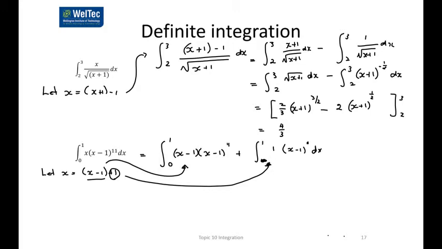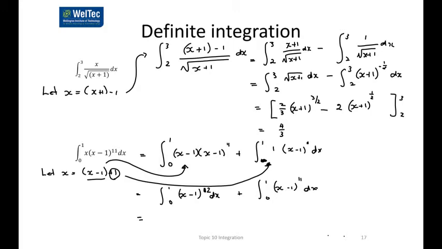And the first one can now be simplified as x minus 1 to the power of 11, and the second term can be simplified to x minus 1. The first one should have been x minus 1 to the power of 11 plus 1, which would be 12, and this one stays as 11. So now it's really simple.